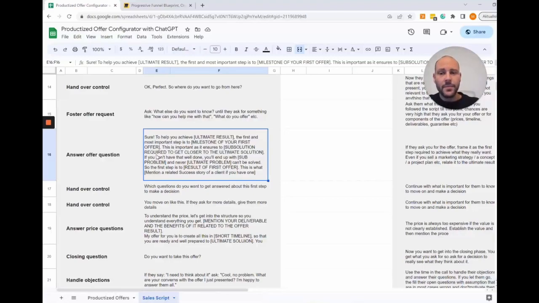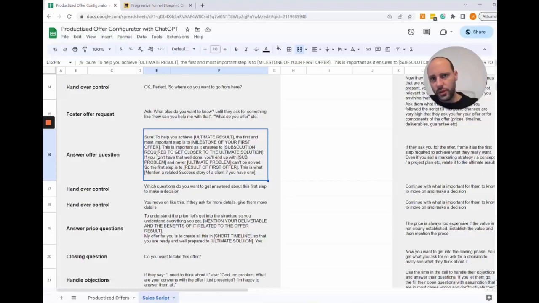For example, the first and most important step is to create and test your marketing strategy, or is to create a plan for the relaunch of your website, right? Whatever it is that you try to pitch in the no-brainer offer.